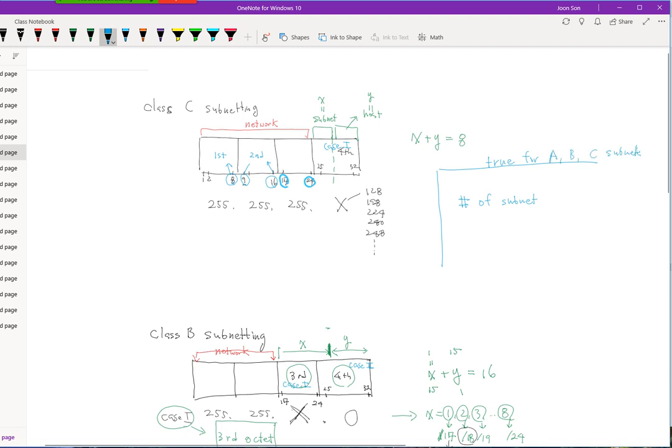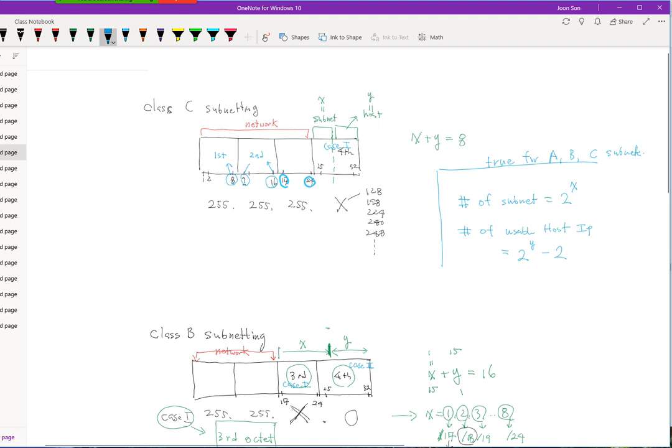The number of subnets is 2 to the X, and the number of usable host IP addresses is 2 to the Y minus 2. This is the same for Class A, B, or C, regardless.